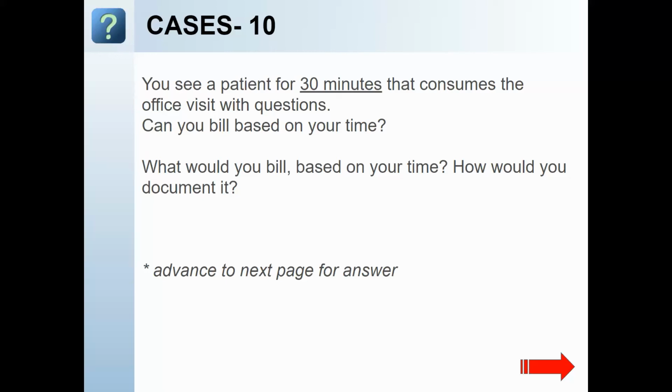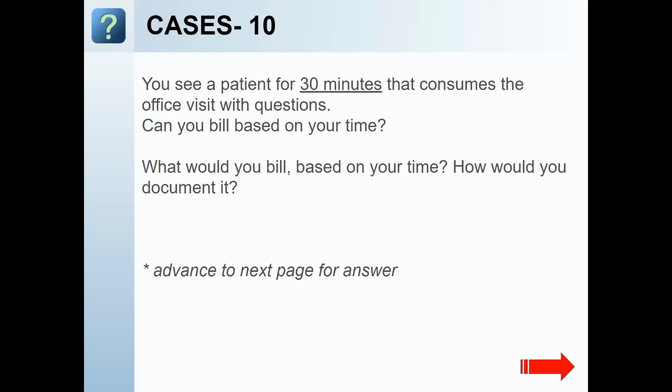But the way rules are applied, we're teaching always try to base it on the most ethical way to apply these rules. And our coders at our institution say, if you bill everything based on time, you're probably going to get reviewed, and then people are going to say, this doctor is not doing anything but coding on time, and that's not the intent of all these E&M rules.